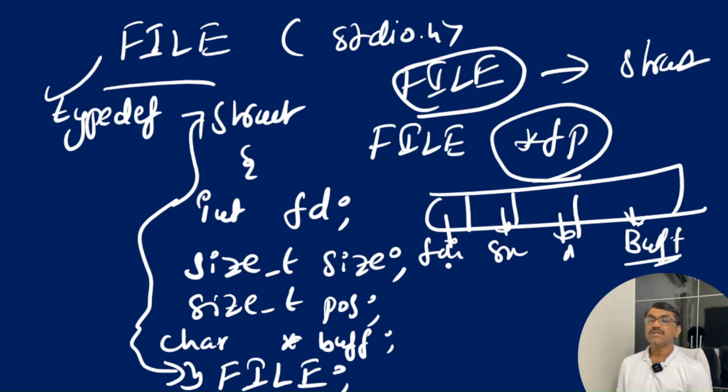The internal details of the file descriptor, size, and position, meaning the file pointer position, I will explain in the coming classes. So these are the four very important fields of the structure type FILE. Whenever we want to create a file, the first thing you have to do is declare a file pointer of type FILE. This is nothing but a structure. This is a very important thing you should understand.